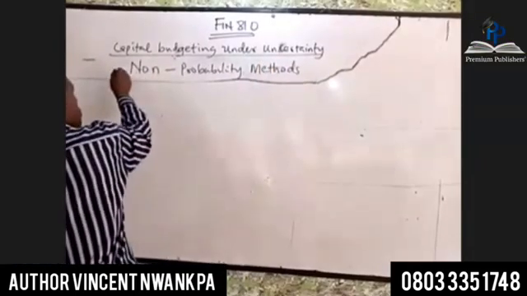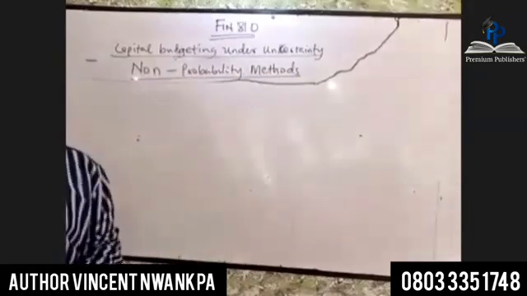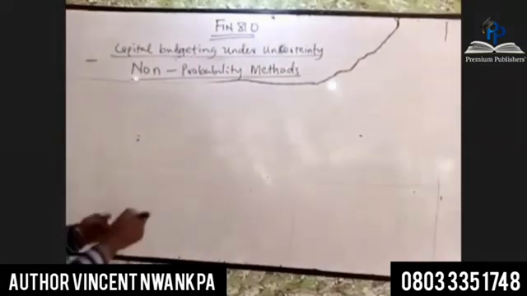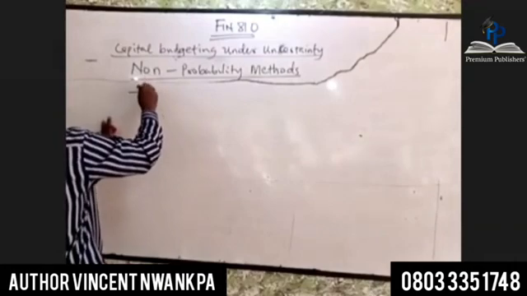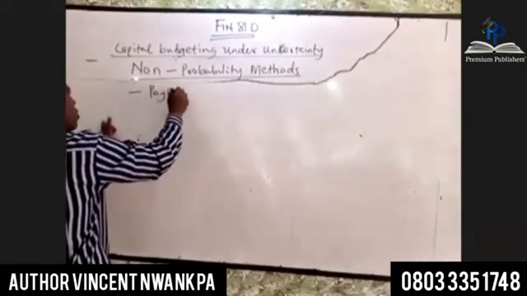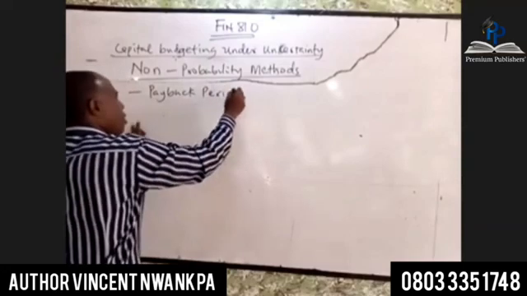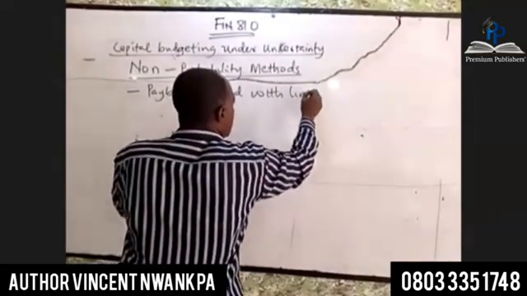Non-probability methods of evaluating a project under risk and uncertainty. We're going to take them one by one. The first one is payback period with limits.